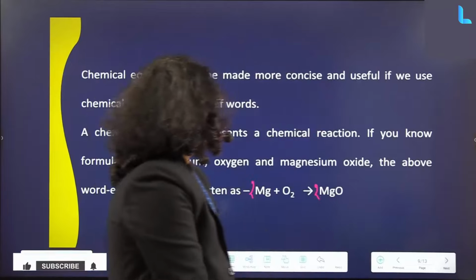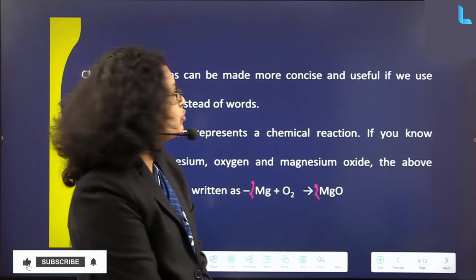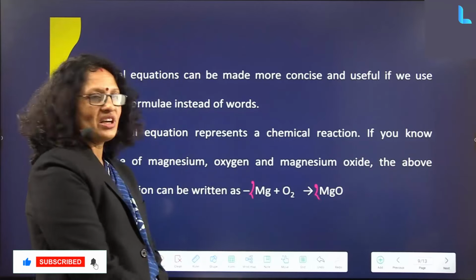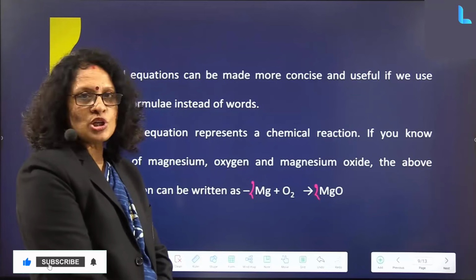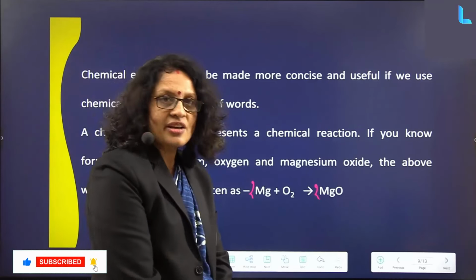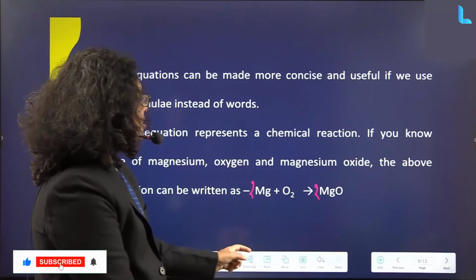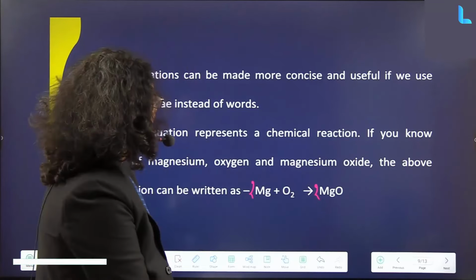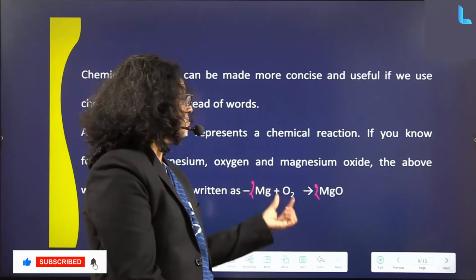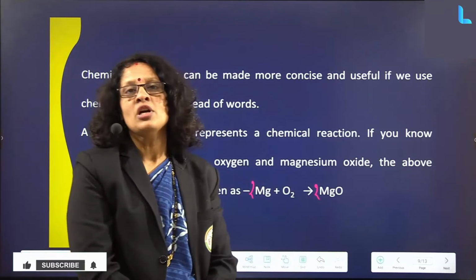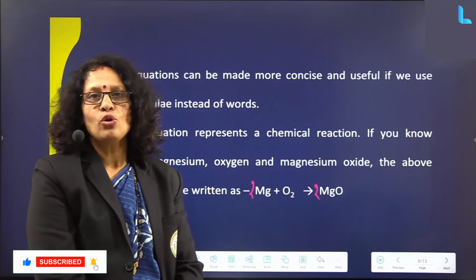Chemical equations can be made more concise and useful if we use chemical formulas instead of words. A chemical equation represents a chemical reaction. If you know the formulae of magnesium, oxygen and magnesium oxide, the above word equation can be written as Mg plus O2 gives MgO.